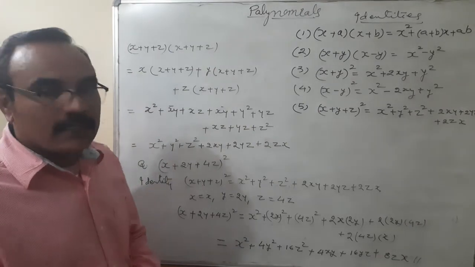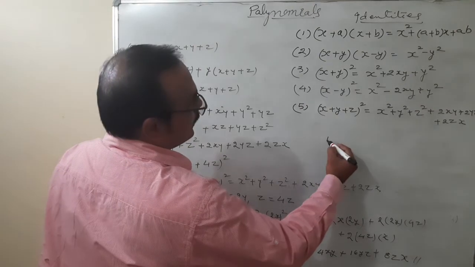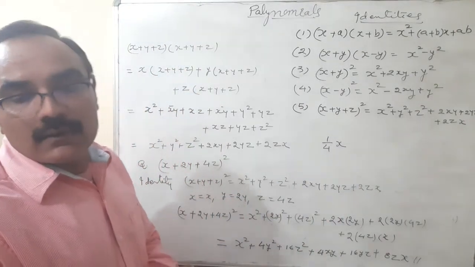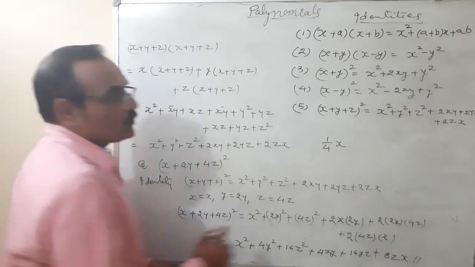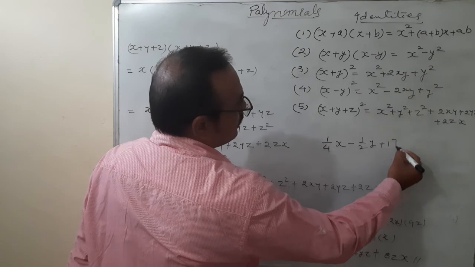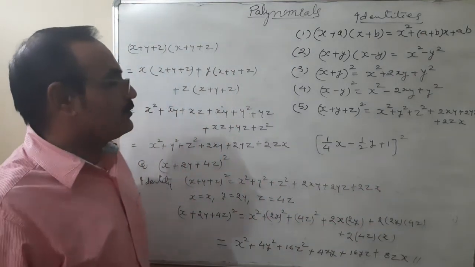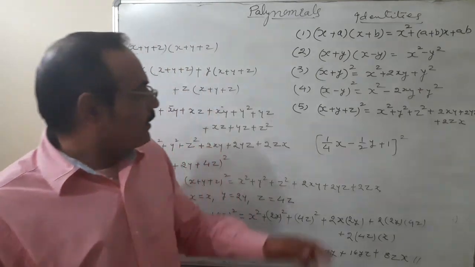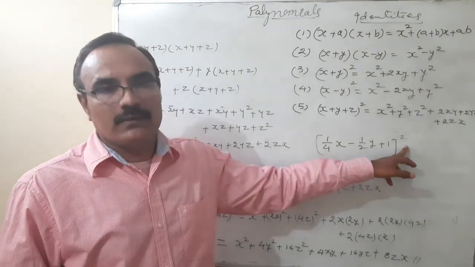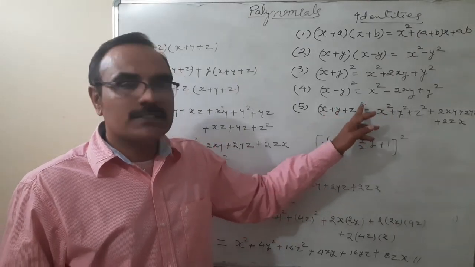If I take another question like (1 upon 4x minus 1 upon 2y plus 1) whole square, this question I am giving you for solving. We have this identity only, (x plus y plus z) whole square.